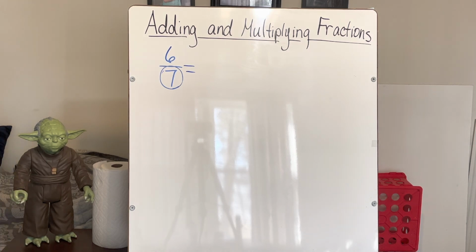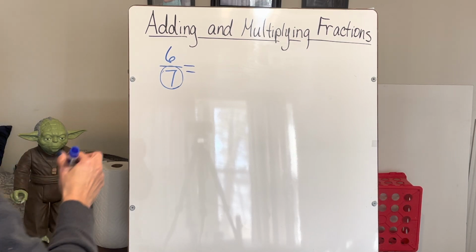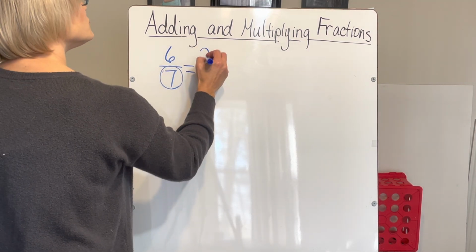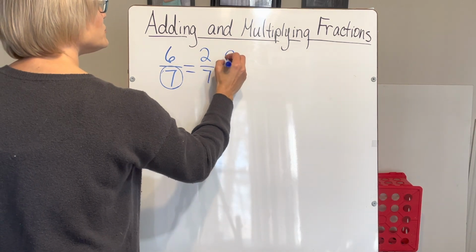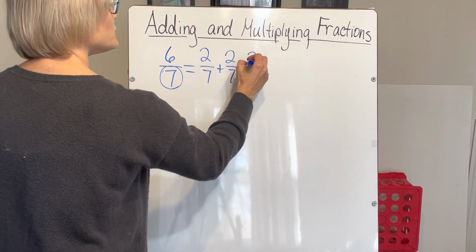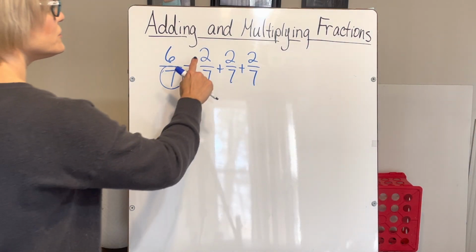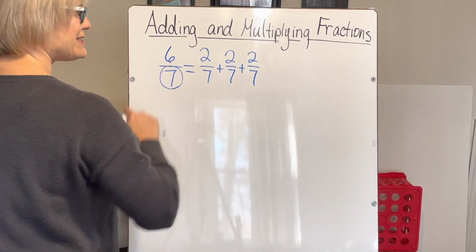All right, so when I'm showing my 6/7 as a multiplication problem, all I have to remember are my basic facts. So when I'm showing my basic facts, I need to remember to do this as repeated addition also. So I can show this as 2/7 plus 2/7 plus 2/7. 2 plus 2 plus 2 is 6/7.